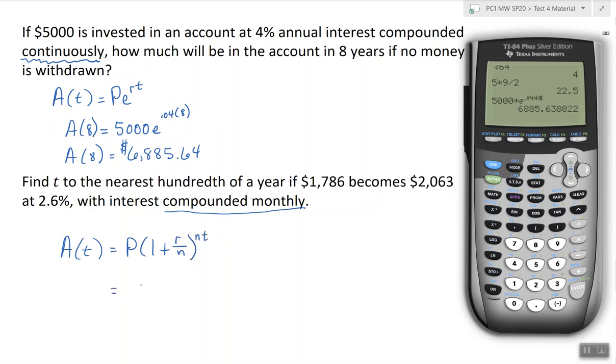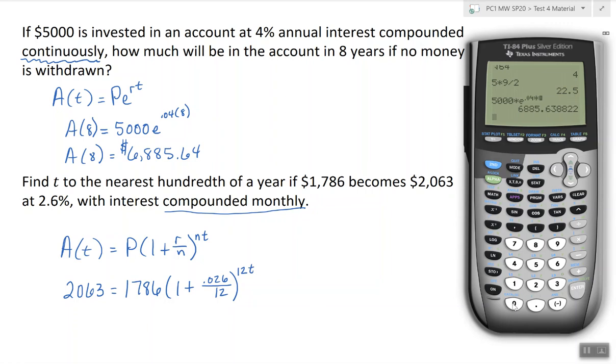So our principal was $1,786, and the amount at whatever time t, which is what we'll be solving for, was $2,063. 1 plus our interest rate as a decimal is 0.026. The number of times it's compounded per year is 12. It's compounded monthly. To the n, that's the same n as this n, times t. Our job is to solve for t.